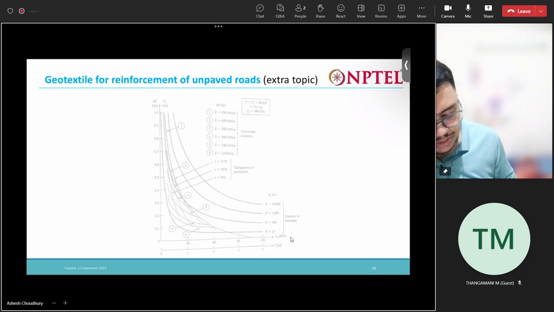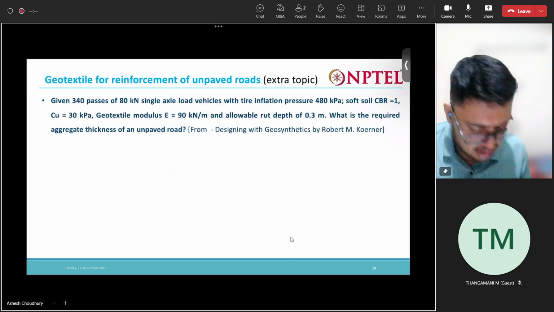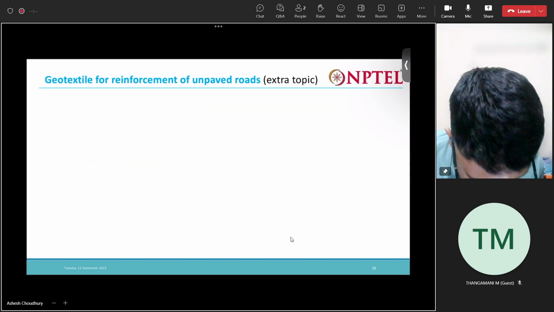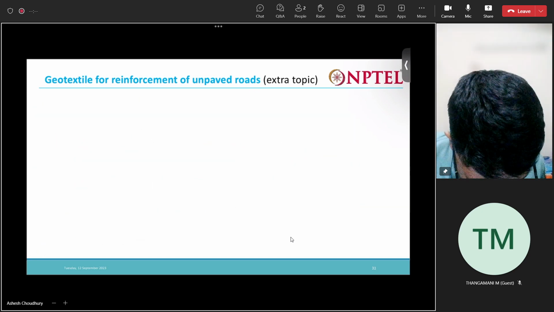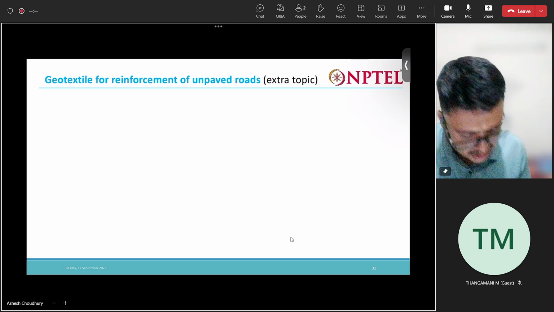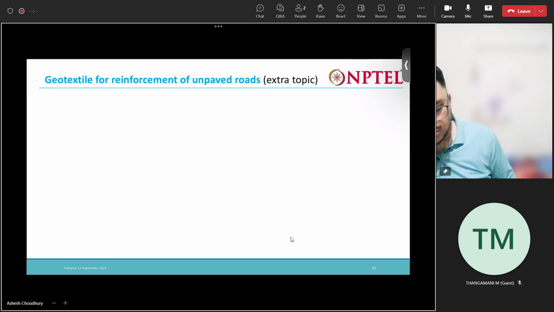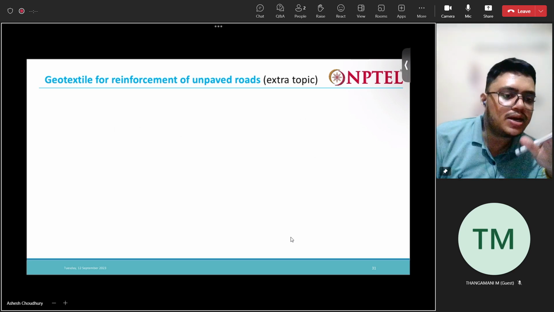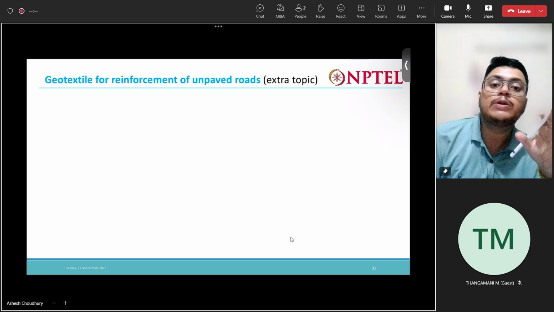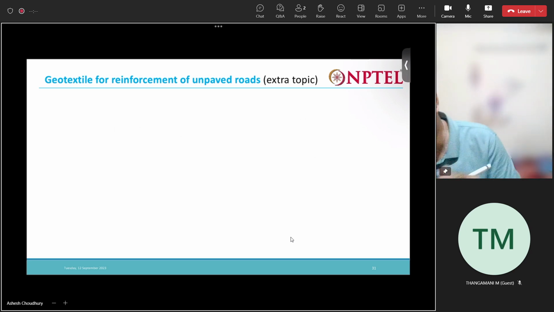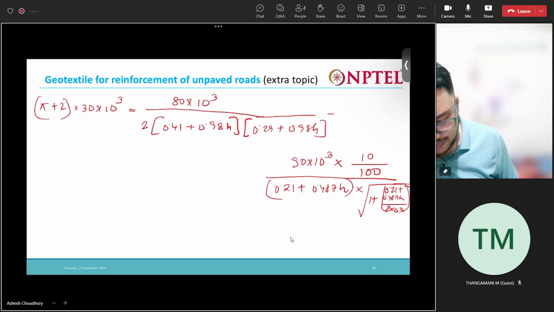So now we can see we cannot solve this directly to get H because you have root and everything. So what we can do is use some trial and error. So 0.31 you already know, right, when we are not using any reinforcement. Now you can put some trial values and you will see that H comes out approximately as 0.15 meter.